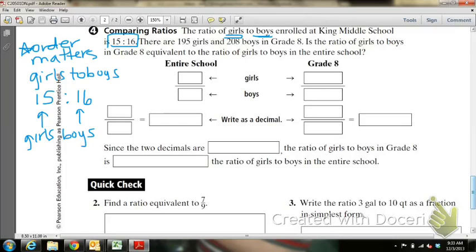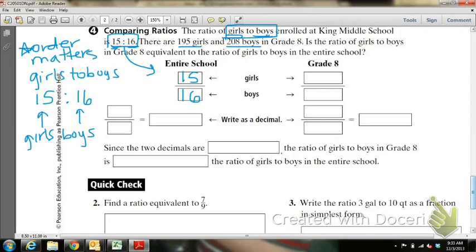Because in a ratio, there's no units there, 15 to 16. How do I know which one is girls and boys? Look for the words. The first word is the first number, and the second word is the second number. Here, they were nicer and put the units with the numbers. So the entire school is this ratio. Remember, girls is the first number, because that's the word that came first.